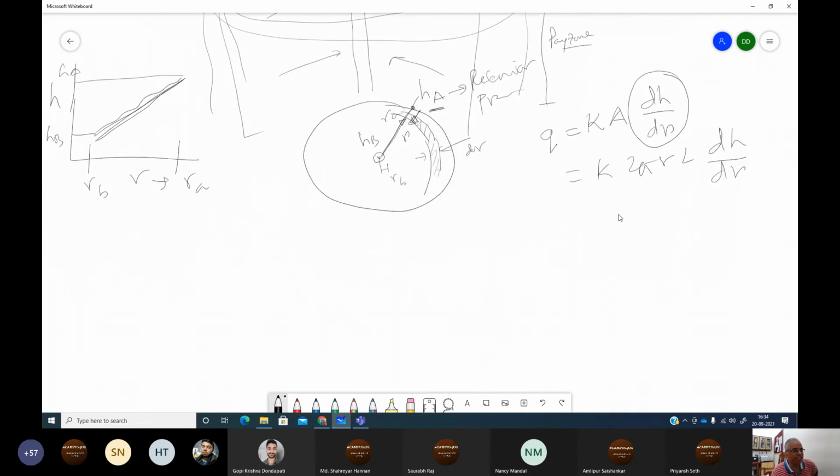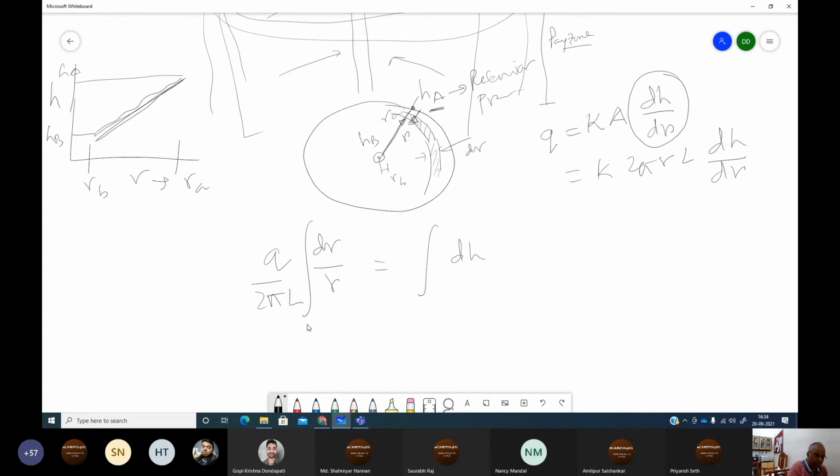Now if I have to find K, then I take Q this side and dr over 2 pi r L also I keep here, and there is integration of dH.